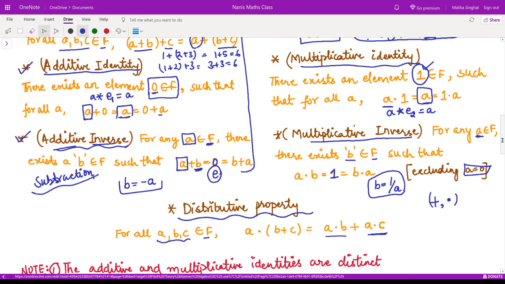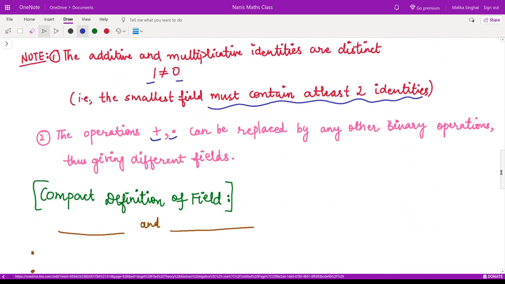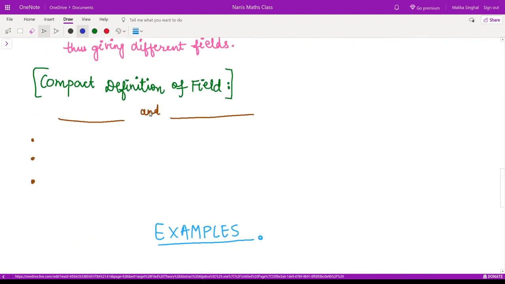So I'm writing this as a compact definition of a field. Say I have a set F and I have two binary operations, addition and multiplication. Then the set F together with the binary operation plus is a commutative group.